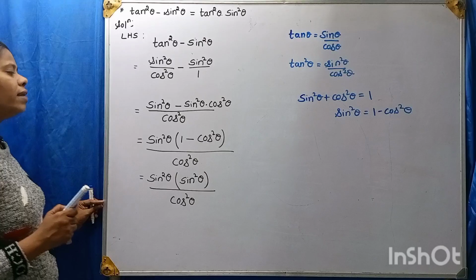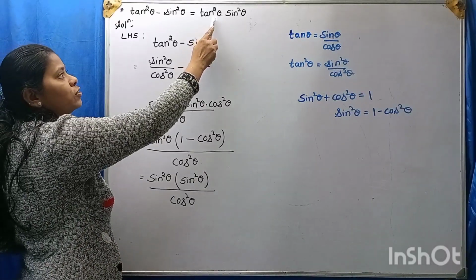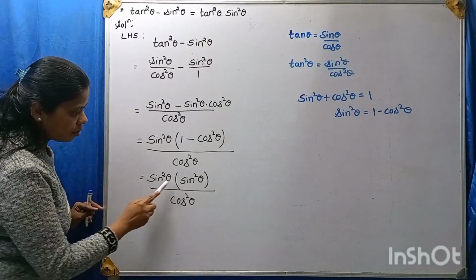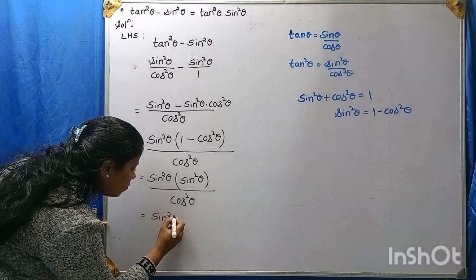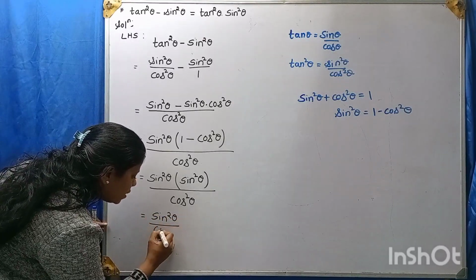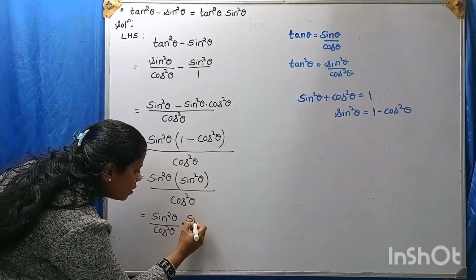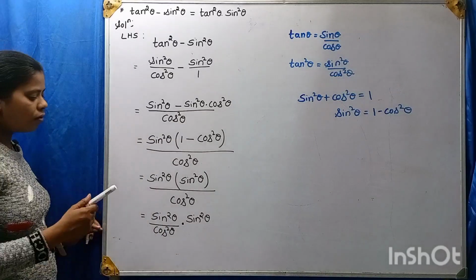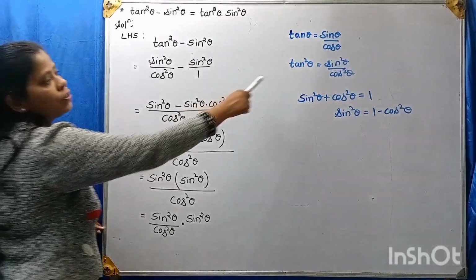Now, look at RHS. Here, what we have to prove? Tan square into sin square theta. Now look at this. This one, I can write it as sin square theta divided by cos square theta into sin square theta, right? Then, already I told you, sin square theta by cos square theta, it is nothing but what?